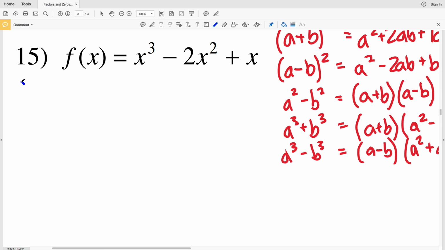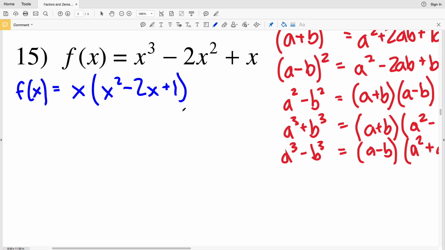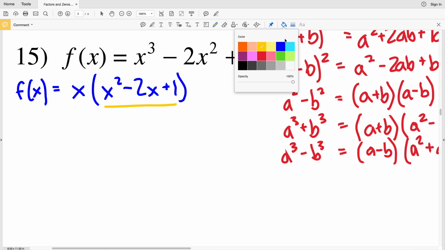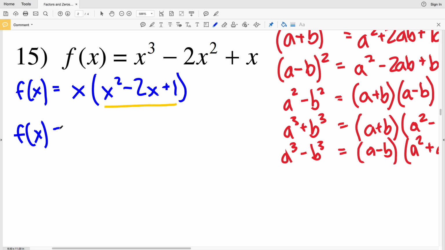x. So we'll rewrite f of x as x times x squared minus 2x plus 1. So now we're going to be factoring x squared minus 2x plus 1. So f of x equals x times, let's see, what multiplies to give us 1 and adds to give us a negative 2. Well, that's going to be negative 1.